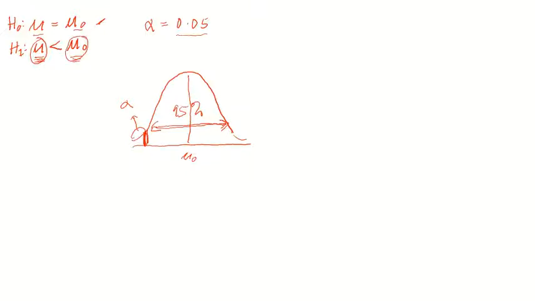Meaning, if this mu here happens to be somewhere in this alpha, then we will be rejecting our null hypothesis. Because this is our confidence interval for mu sub 0. So if our mu from our samples is in this alpha, outside of that confidence interval, then we will be rejecting our null hypothesis.